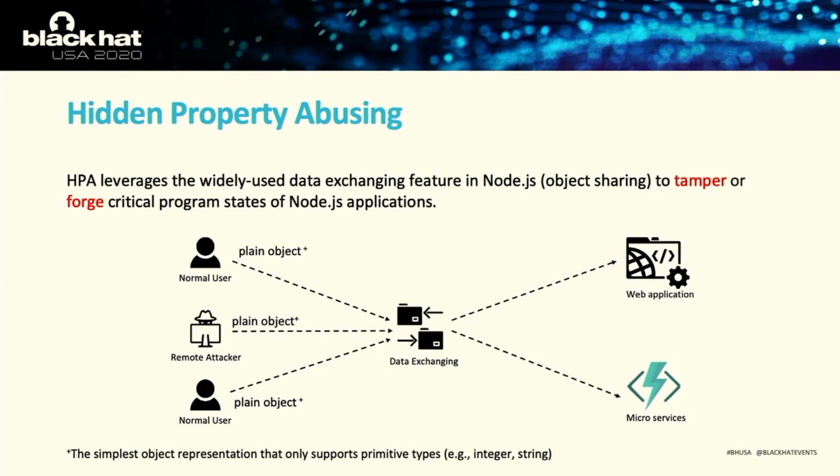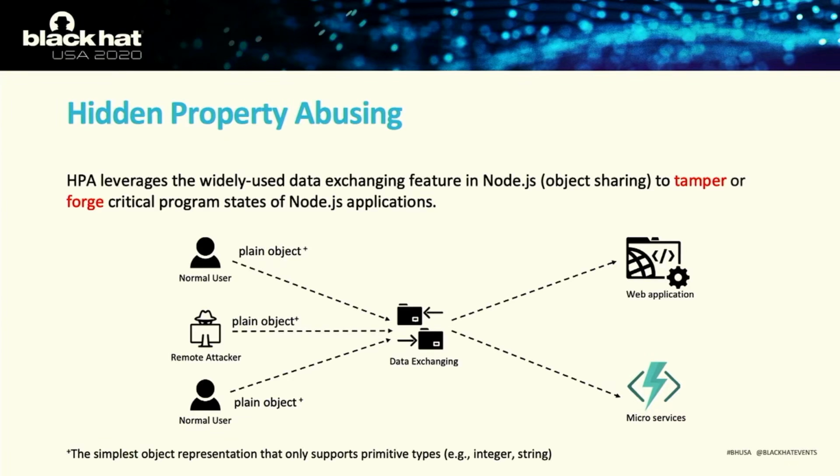In this talk, we mainly focus on the server-side scenarios, where a remote attacker wants to hack a Node.js web application or some microservices. To exploit the vulnerabilities, the attacker accesses the legitimate interface, such as the web endpoint, to send his payload.